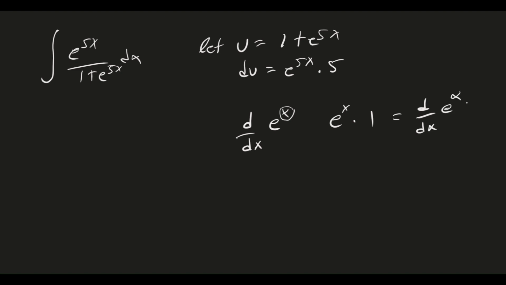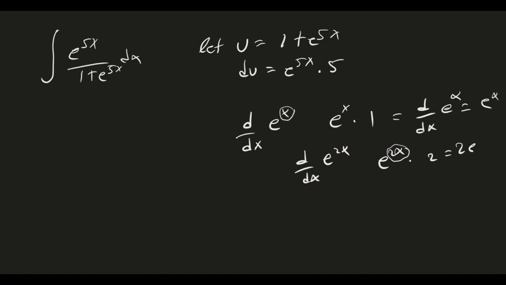So if you have d over dx of e raised to the power of 2x, it's going to be e raised to the power of 2x times the derivative of the exponent, which is 2. So this is going to give us 2 e raised to the power of 2x, right?